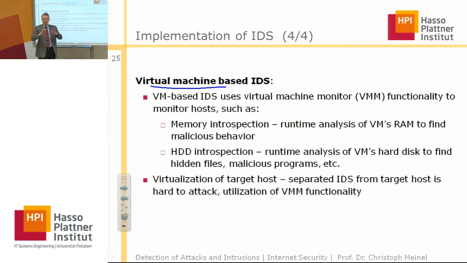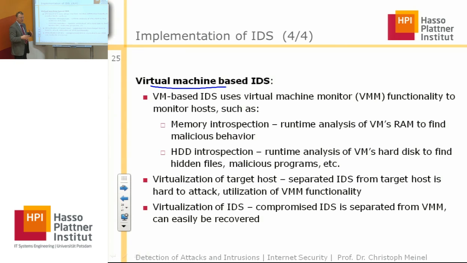In a traditional way, if you have a host and you have placed the intrusion detection system on the host, the attacker in an attack first tries to attack the intrusion detection system to switch it off or to prevent it from raising an alert. Here, if you use virtualization to separate the intrusion detection system from the target, it becomes impossible, or at least hard, to attack.